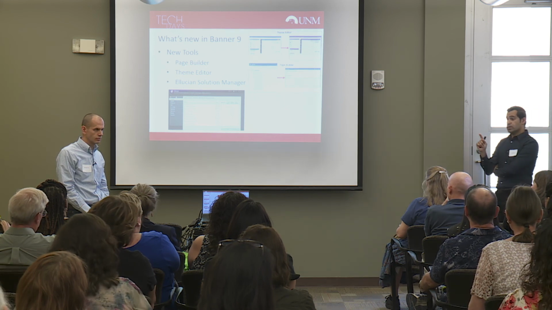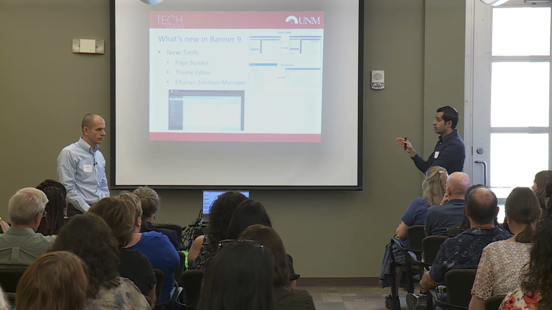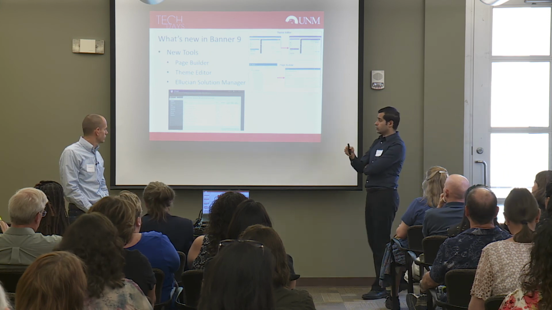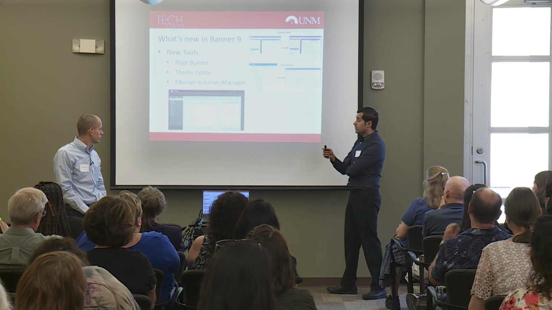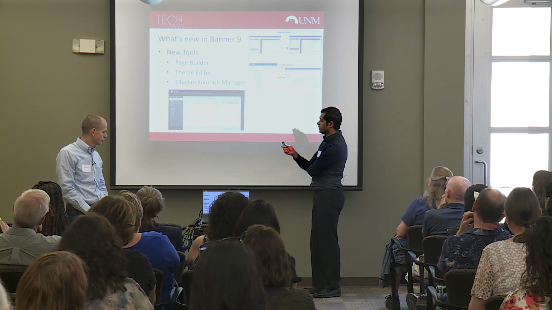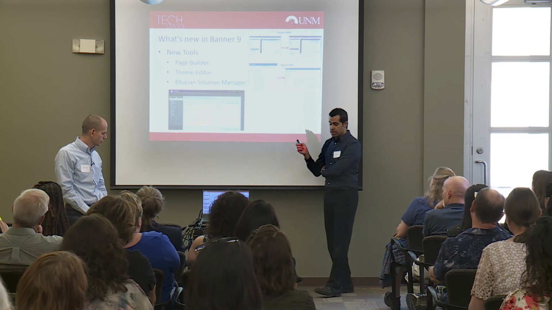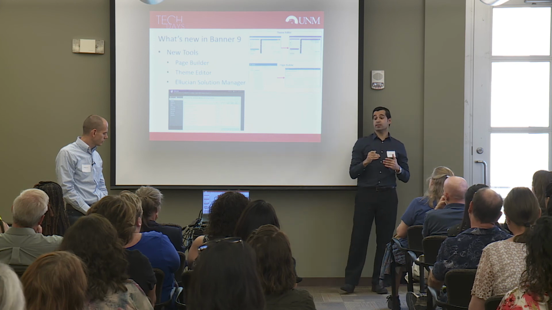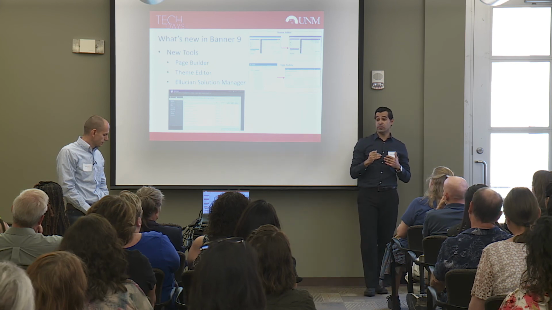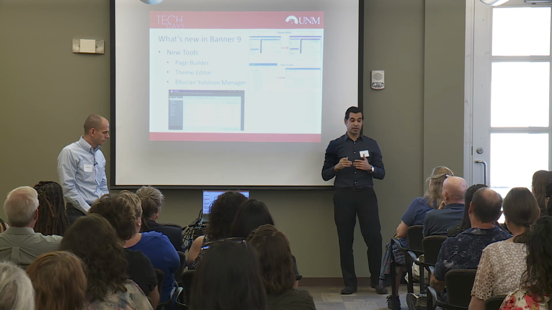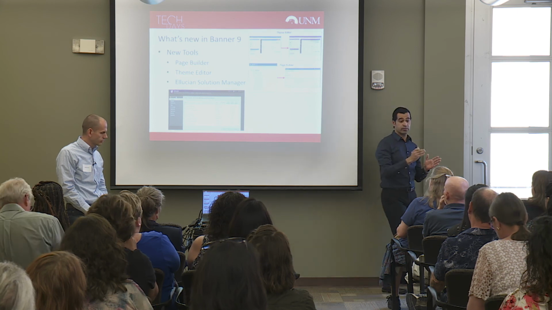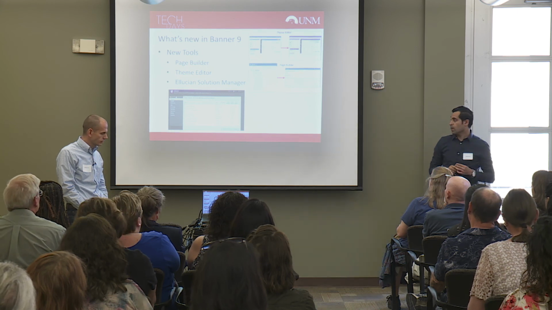And we do it once by directing that system to the different environments that we have. It's a very nice tool that they provided us in Banner 9, where it will check for all the dependencies that we need to have in place to be able to migrate or upgrade to the next module.